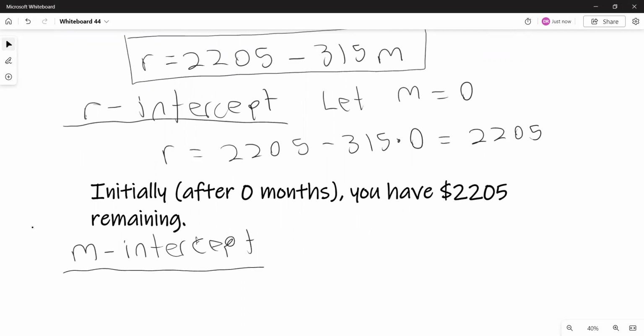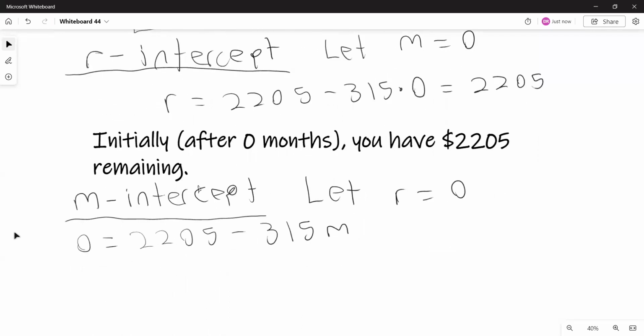And the M-intercept. To find the M-intercept, let R be 0, and 2,205 minus 315M is 0. So I'm going to write 0 equals that. That's the way the equation was given. So solve this for M. We can add 315M to both sides and divide both sides by 315.